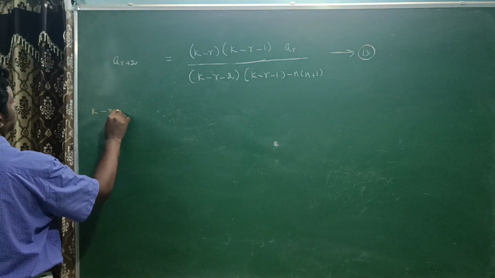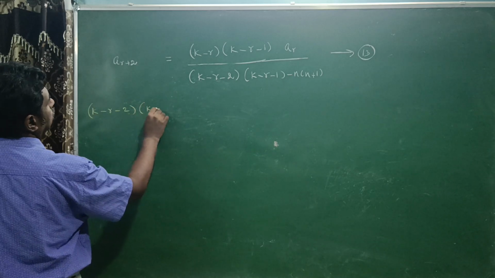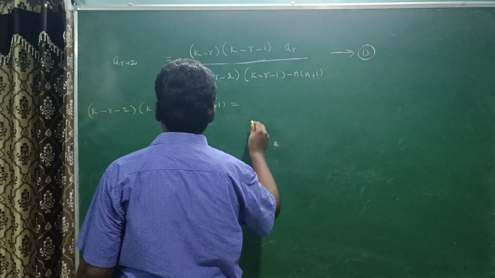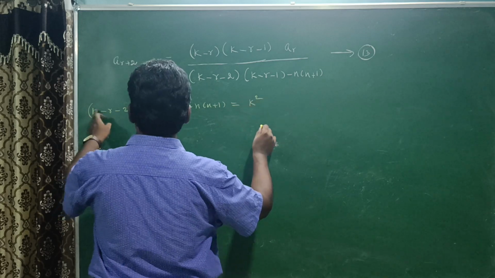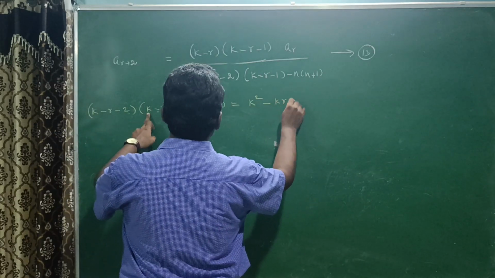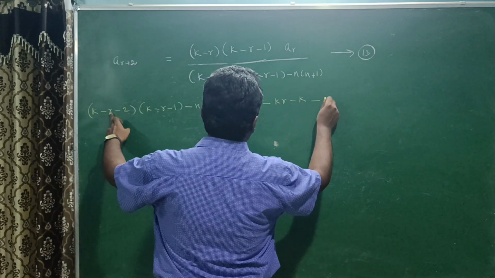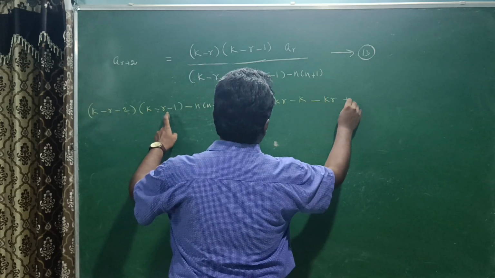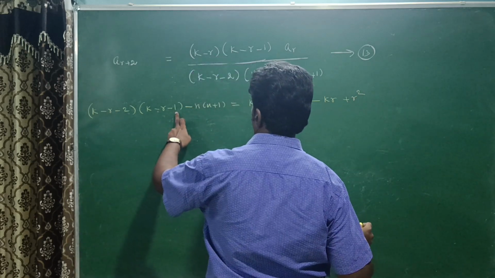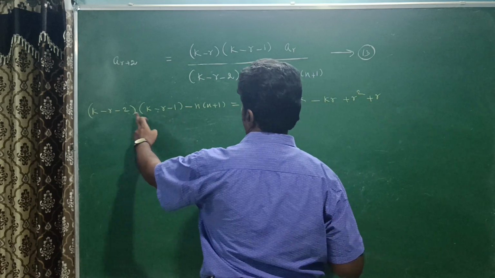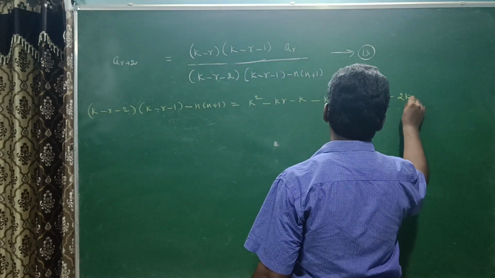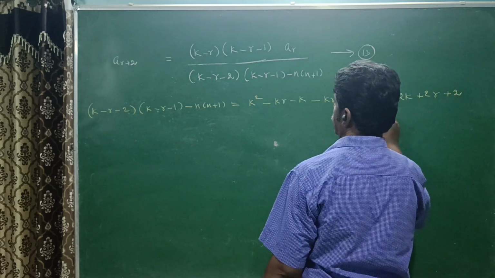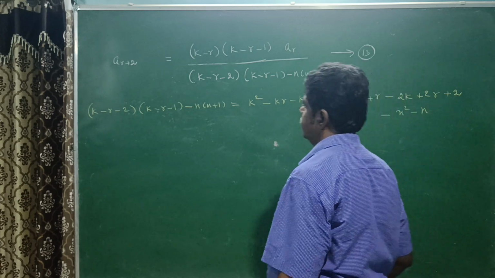Take this denominator k minus r minus 2 into k minus r minus 1 minus n into n plus 1, which is equal to k into k square minus kr minus k, then minus once again this r into k, kr minus r into minus r plus r square minus r into this minus 1 plus r, then minus 2k plus 2r plus 2 minus n square minus n.